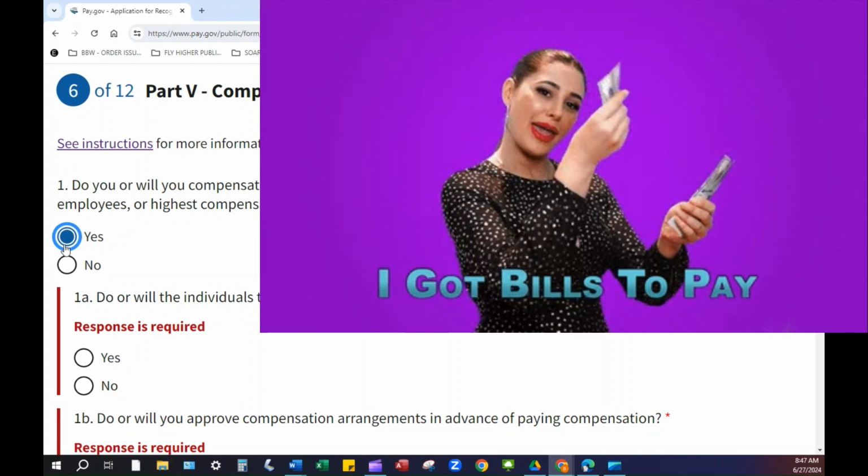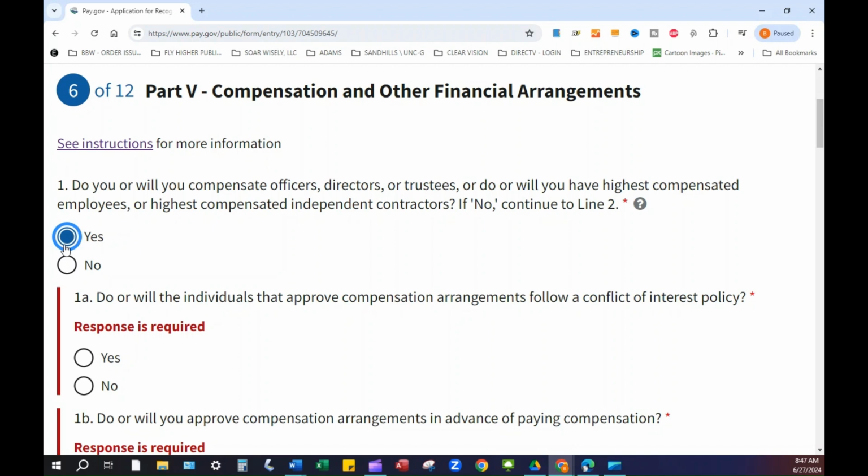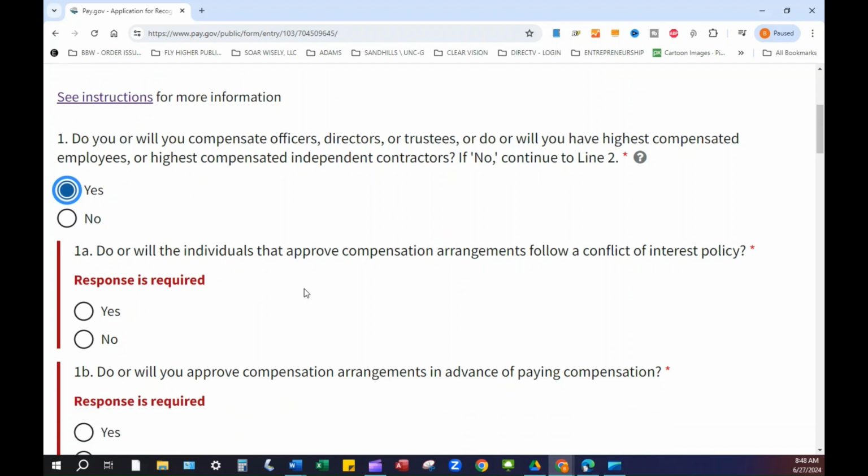You want to be able to fully immerse yourself into the activities of the nonprofit, helping it to succeed, helping it to grow, being able to help your program participants or whomever it may be. It could be sustainability with the earth, what have you. In this case, we're working with Pretty Paws Foundation, again, a made up foundation. So you do want to be able to compensate yourself because you've got bills. I know I have bills.